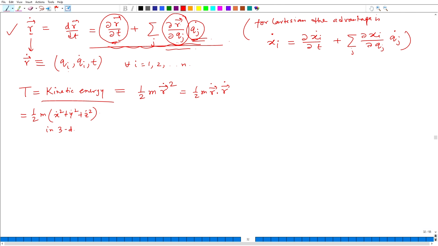Or I should write half m times x1 dot squared plus x2 dot squared plus x3 dot squared, and for a capital N dimensional space up to xn dot squared. That is the general expression for n dimensional space.